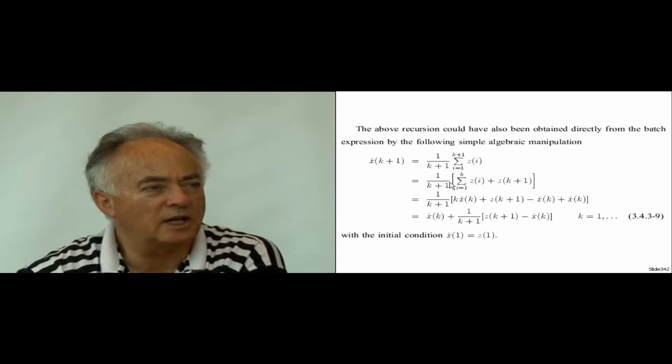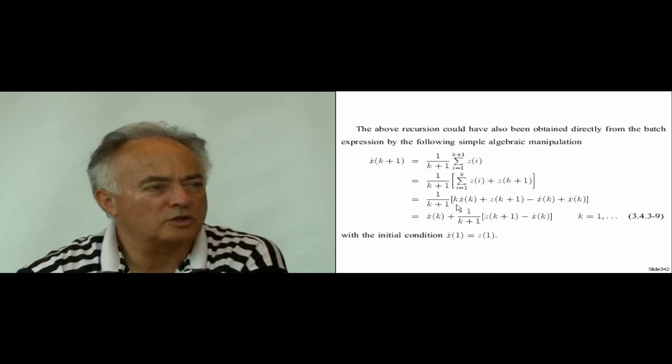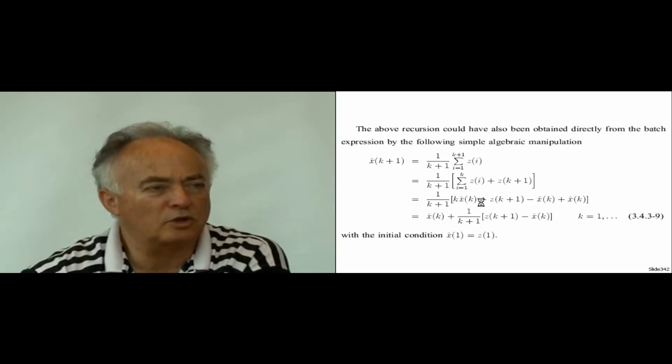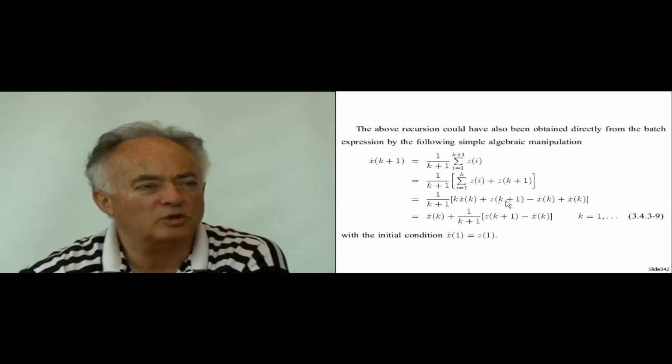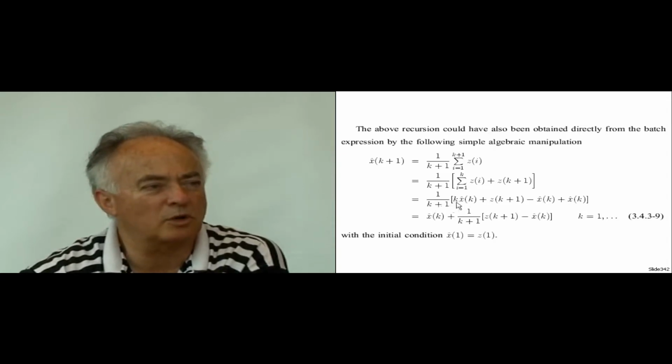I can rewrite the summation inside as a sum up to k and the last term separate. Then I notice that the sum up to k is really k times my previous estimate, plus the new measurement. I will subtract and add the previous estimate, because here I have a k plus 1, here I have a k, so here it's a plus minus 1.